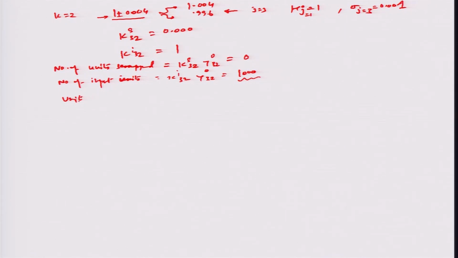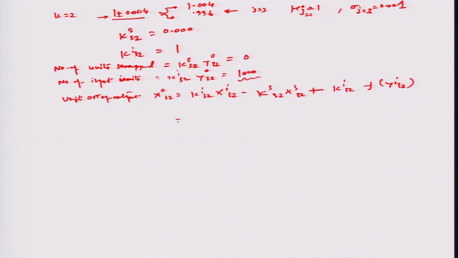Okay, so, the unit cost using the ASM case of output, which is x032, happens to be KI32 XI32 minus KS32 XS32 plus KI32 function of YI32, okay, which is 1.00 times of unit cost of the input, $10.